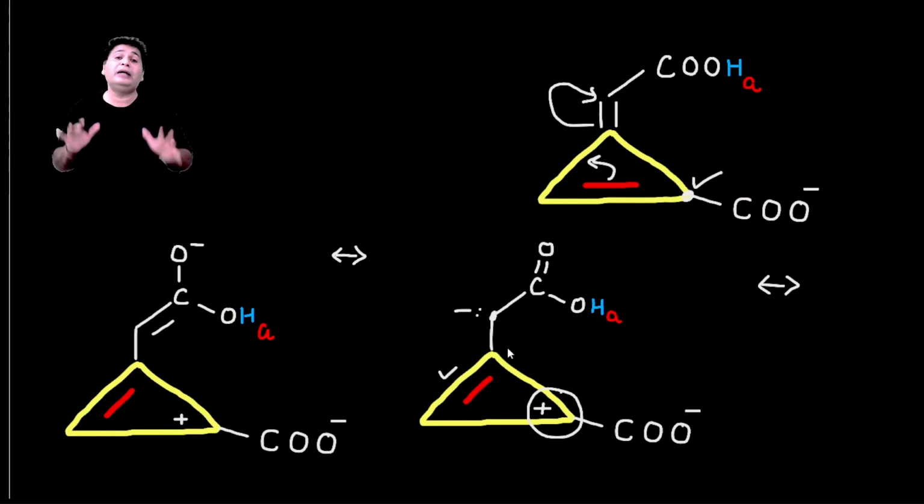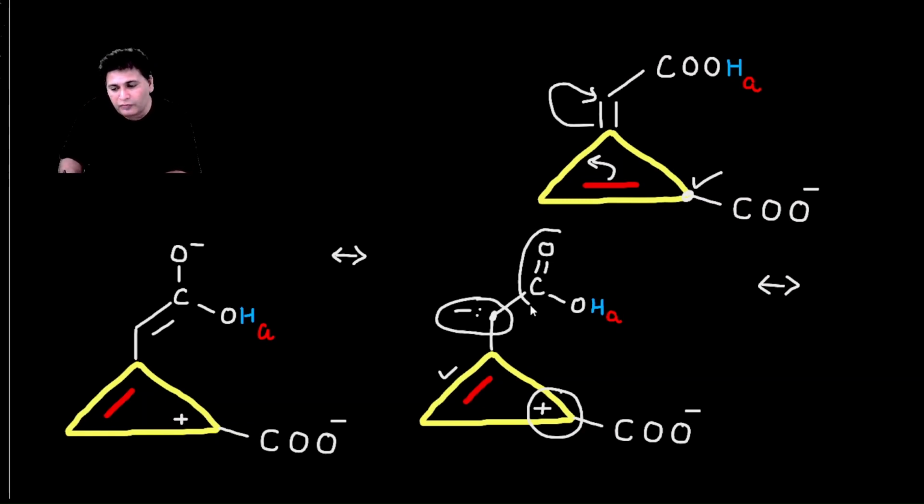What are the advantages of doing this resonance? There are two very important advantages. First of all, you can easily see this minus charge can now be taken care of by an electron withdrawing C double bond O group. How? Minus, single, double.